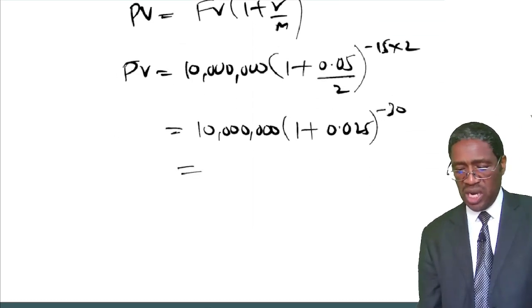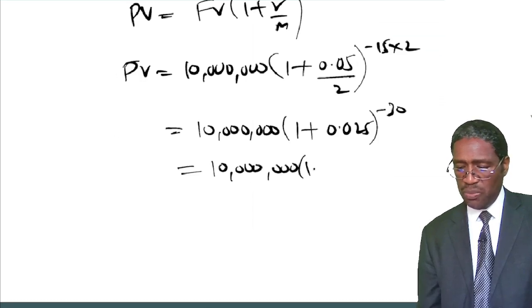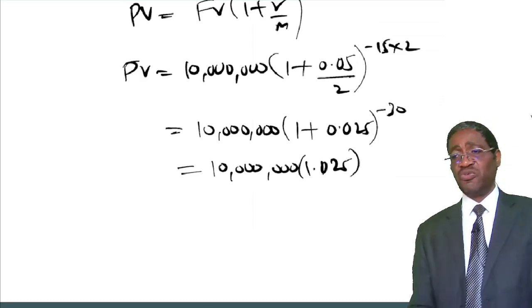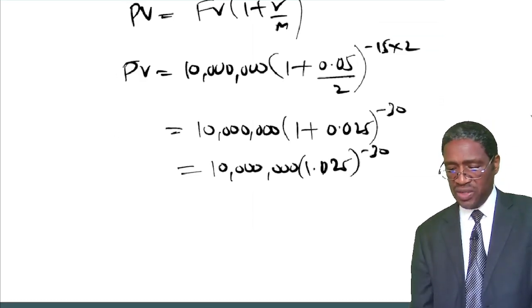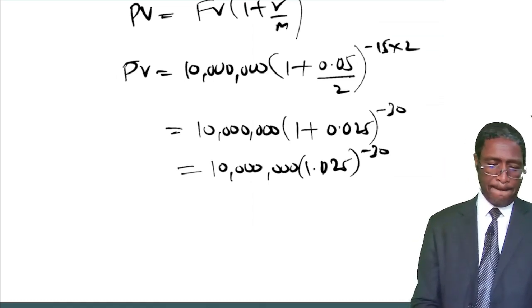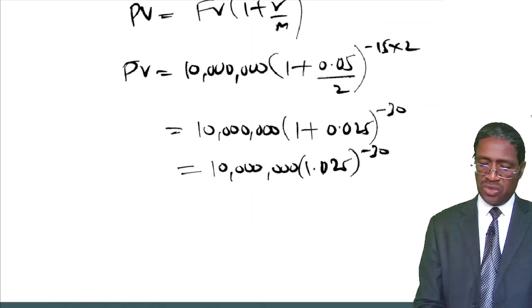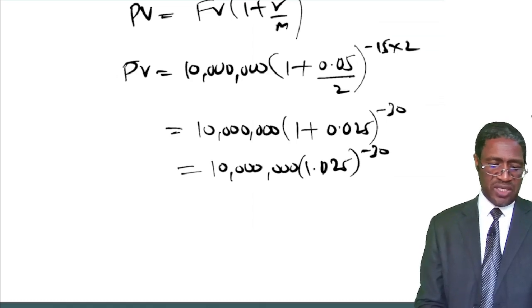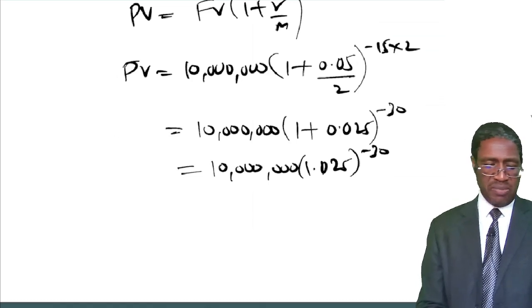So this will become 10 million into 1.025 to the power of negative 30. So this is 1.025 to the power of negative 30, and I multiply that by 10 million.